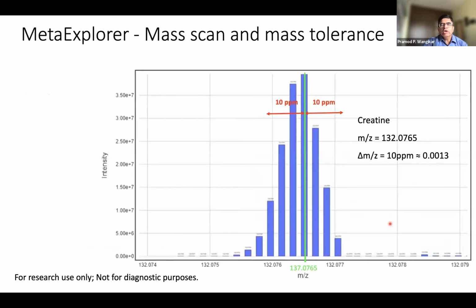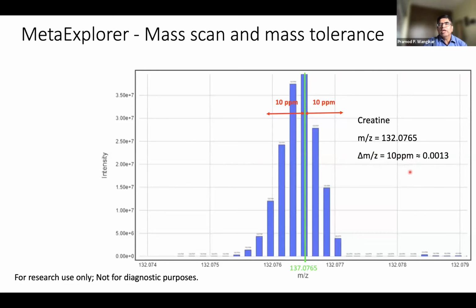And if I go to a typical data that is generated from a high resolution mass spectrometer, you can see that the width of the peak, which I can sort of divide into half, that I would take as the mass error. Here I have taken this as 10 ppm.